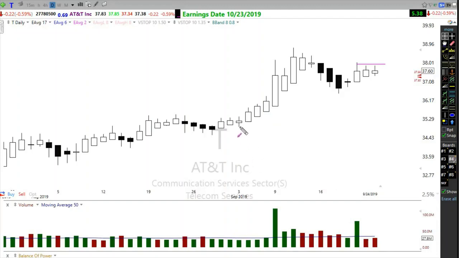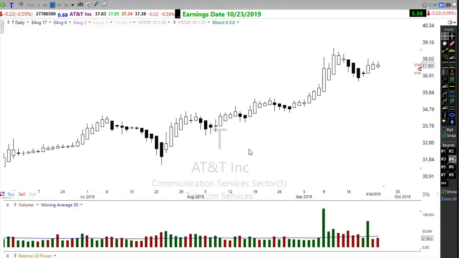Okay? No tails indicating strong uptrend. When a Heikin Ashi candle has no wicks, it's indicating strong downtrend. Okay, so you can use that information to stay with the trade.